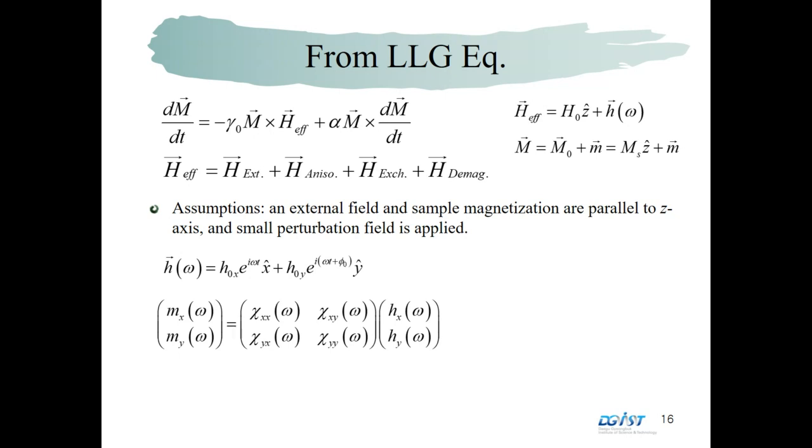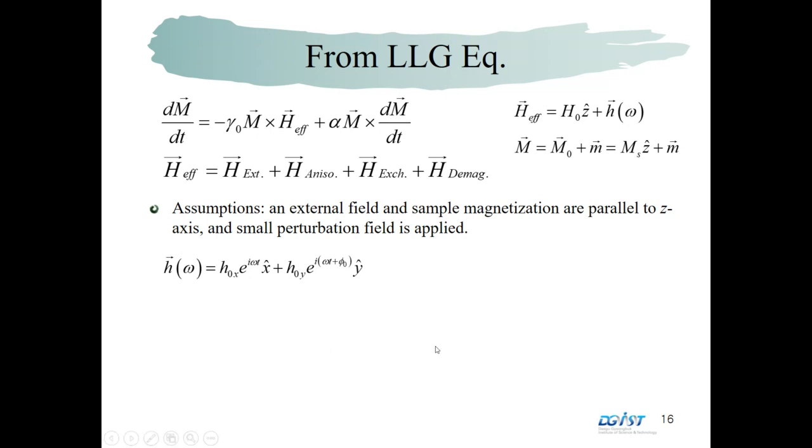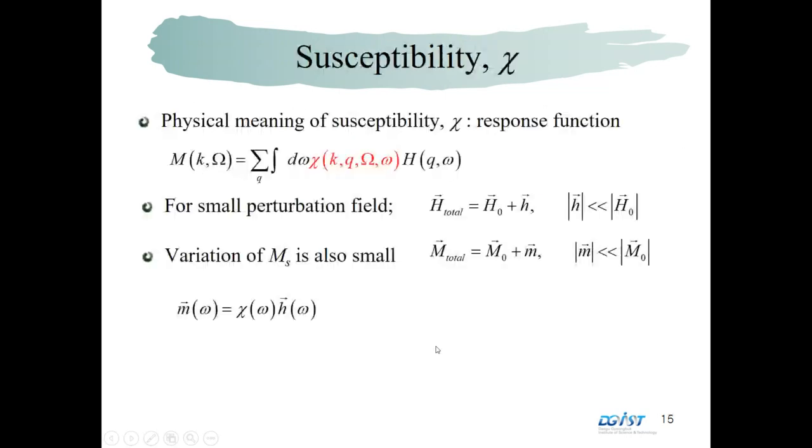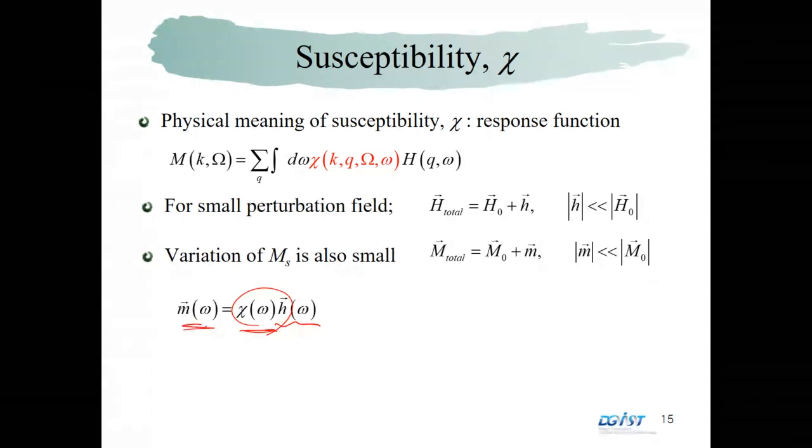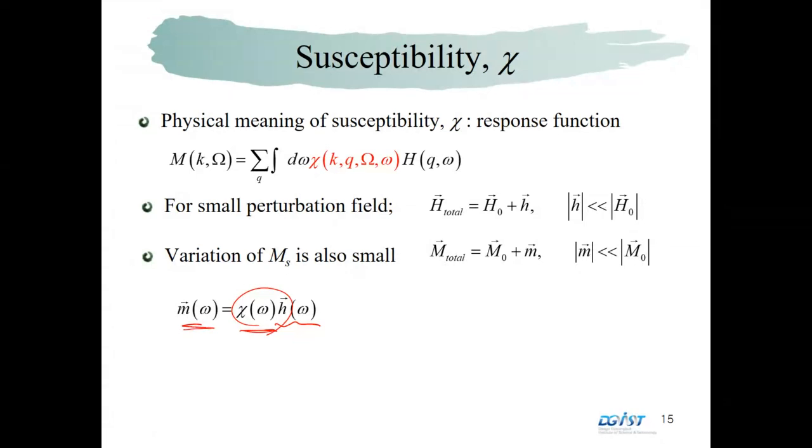As we already mentioned in our previous class, we want to find the susceptibility as a function of the external magnetic field. That susceptibility determines the motion of a small magnetization, where we assume the ground state of magnetization is along the z-axis. With a small perturbation, there is some motion of the magnetization.